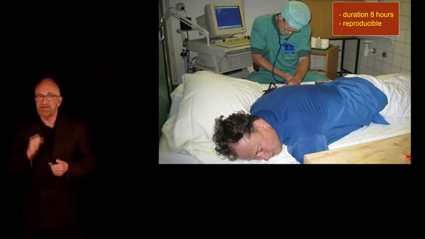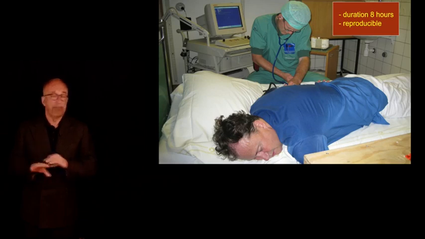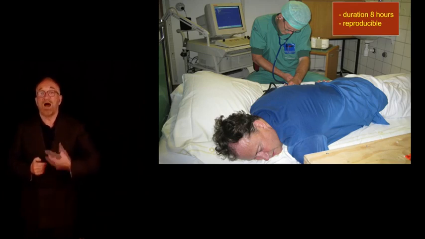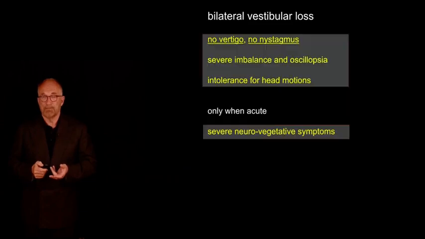And they repeated that experiment 2 times. So the findings are reproducible: imbalance and nausea, but no vertigo and no nystagmus. So I'm very grateful to both doctors because they showed us something with a high clinical relevance. Number one is that in case of a bilateral vestibular loss, like in this acute situation, there is no vertigo, no nystagmus.